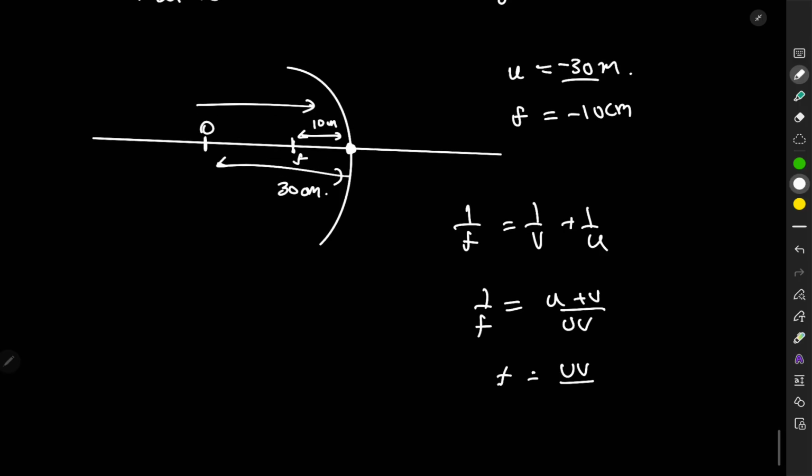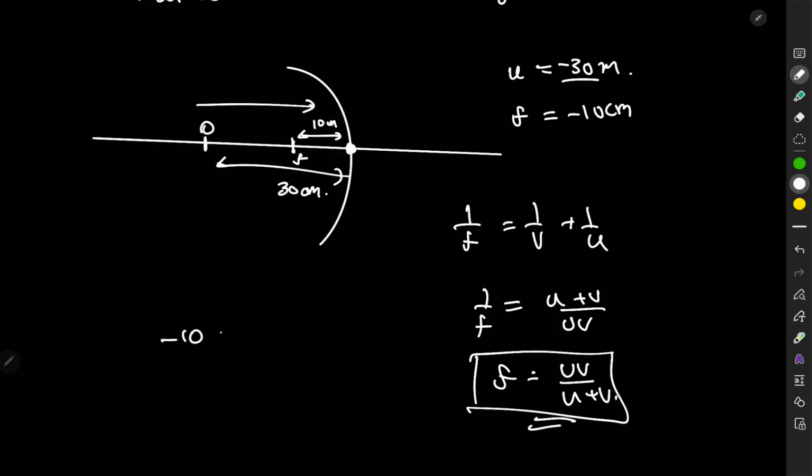So f is equal to uv by u plus v. This is the formula of f, a simplified formula. If we know the values, we can just put them in directly.